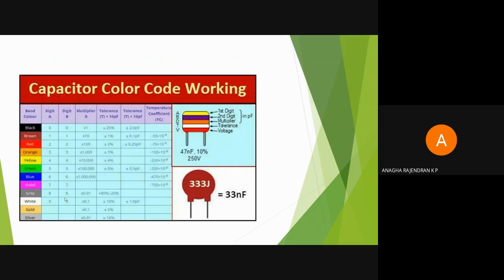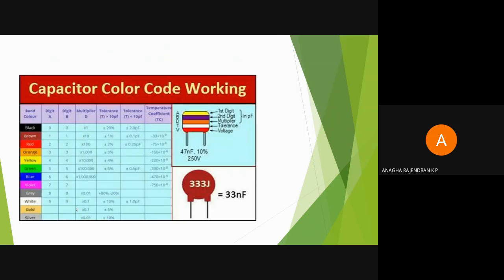But in the case of a capacitor, there are five color bands. The first two indicate the first and second digits, the third indicates the multiplier, the fourth indicates the tolerance value, and the fifth color band is for its voltage rating.